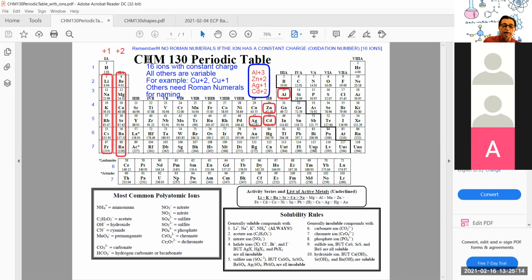We have sulfate and sulfite, which is totally different than the -ide, sulfide. The sulfate, which I've highlighted, -ate, and the -ite, these are polyatomic ions. That means that they're sulfur bonded with oxygen. The -ide, sulfide, simply means sulfur all by itself.